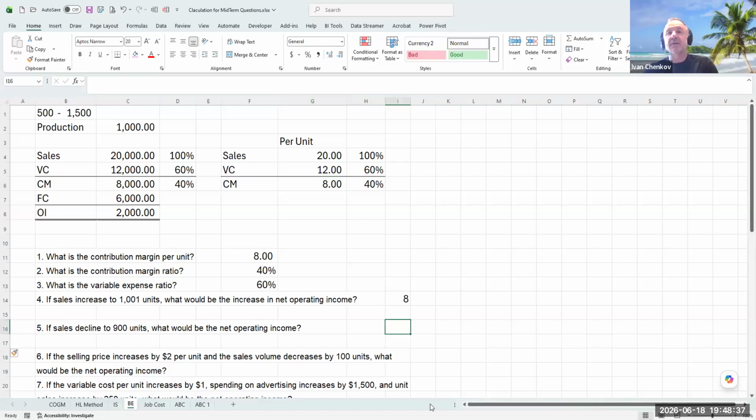If I'm selling 900 units, 900 units times $8 per unit is going to give me the contribution margin. Once I deduct the fixed cost, it's going to give me the operating income.